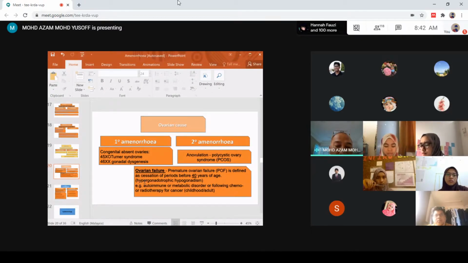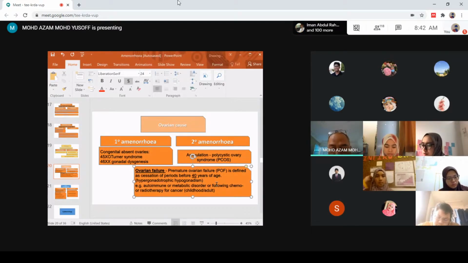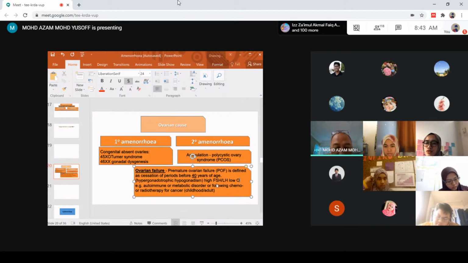So we call it hypergonadotrophic hypogonadism: high FSH, LH, and low estrogen, because the ovary has already failed.